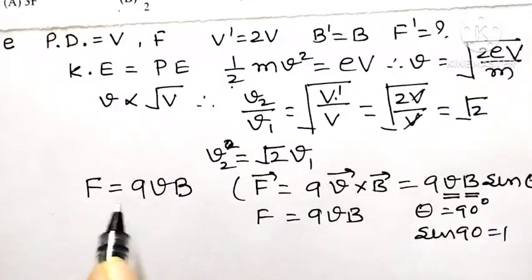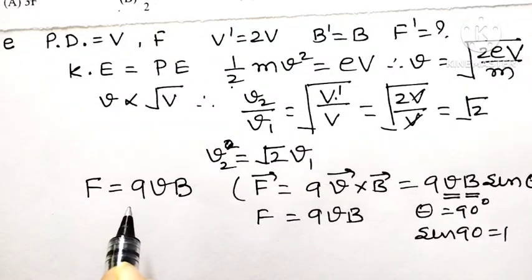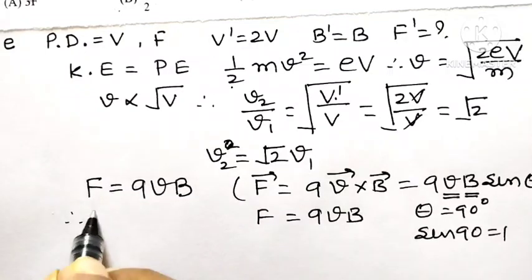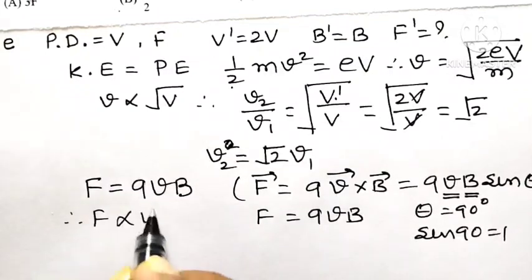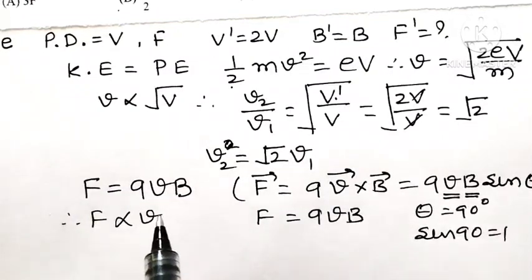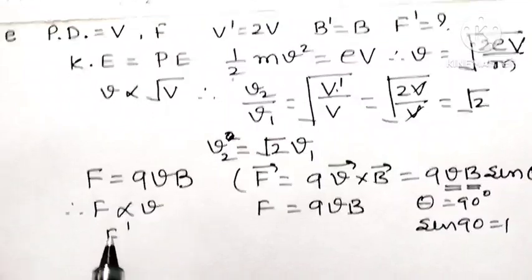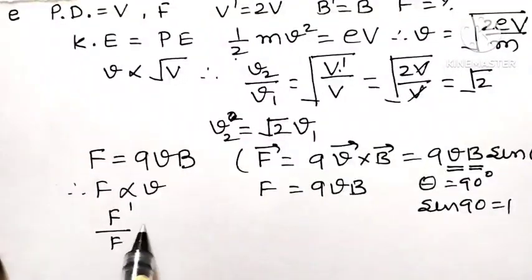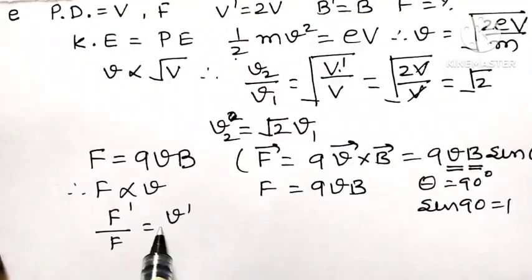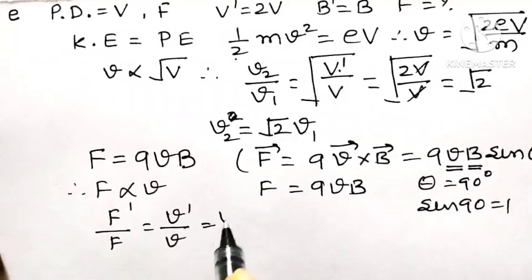So as force F is equal to Q into V into B, force is directly proportional to velocity. Therefore, F dash upon F is equal to V dash upon V, which means V2 upon V1.